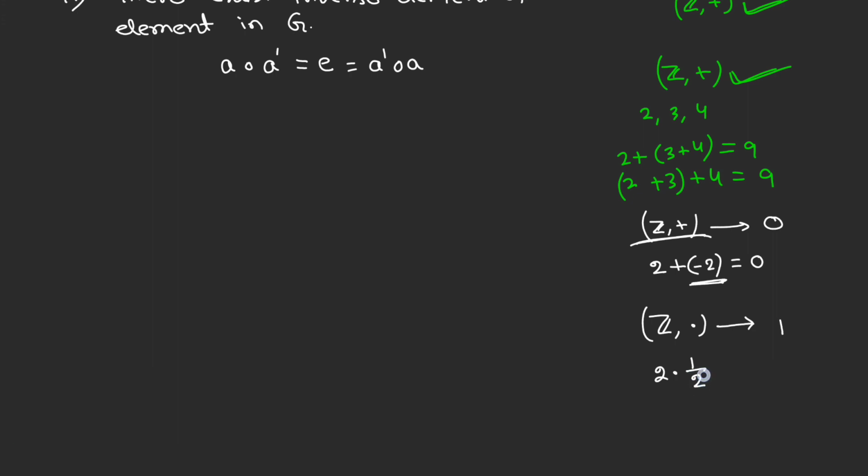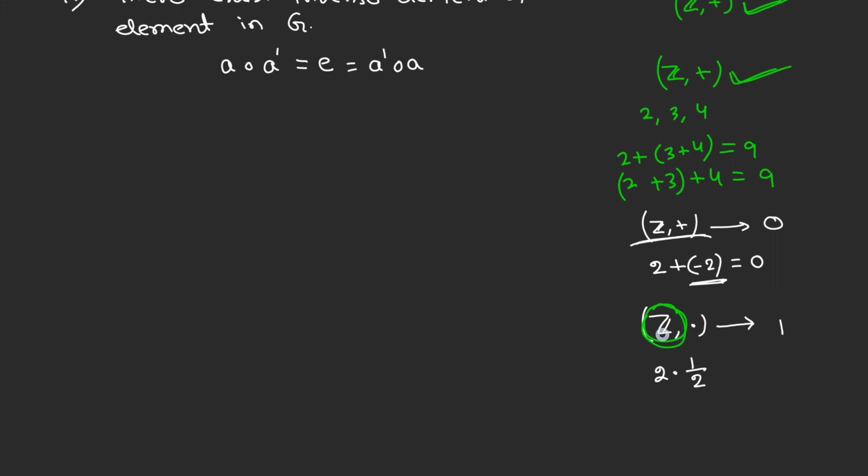But is half an integer? Here the set is the set of integers, but half is not an integer. That means in Z with dot there does not exist an inverse of each element. You are getting at least one element whose inverse does not exist. So you cannot say that Z with dot forms a group.